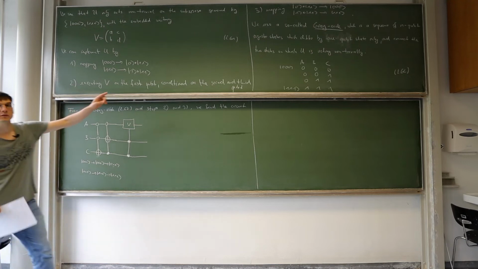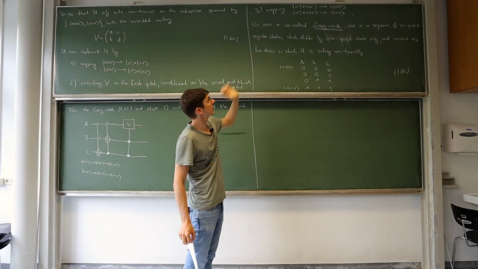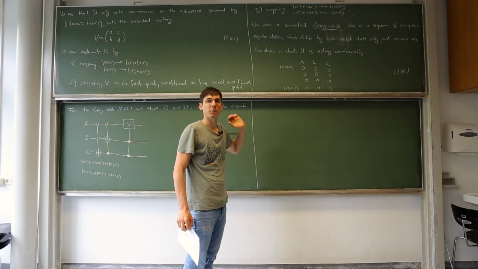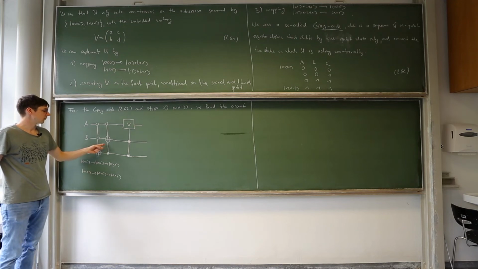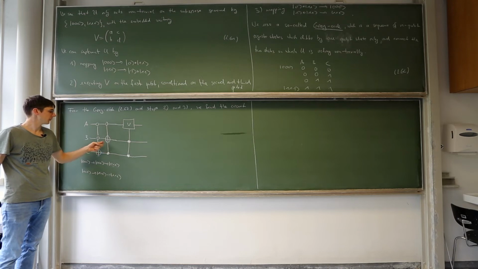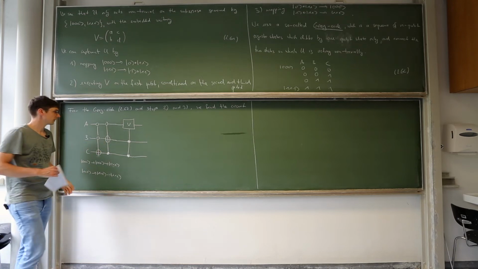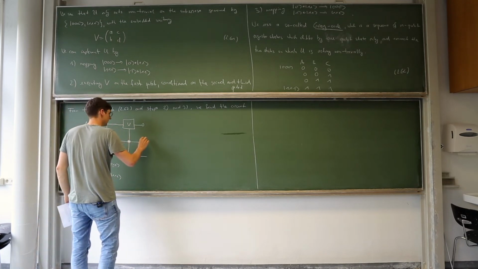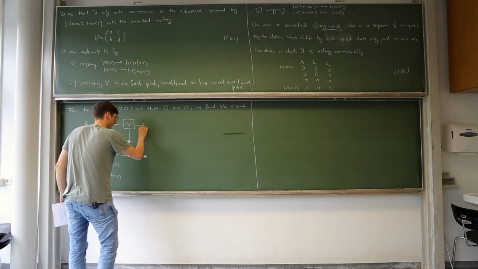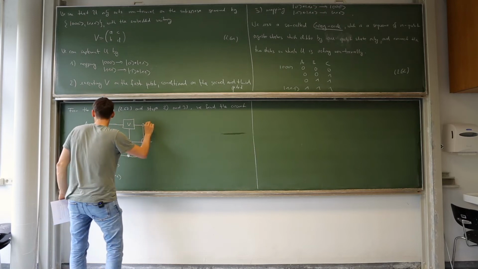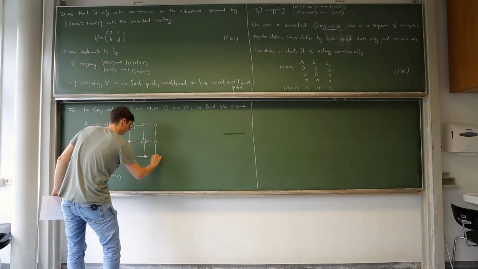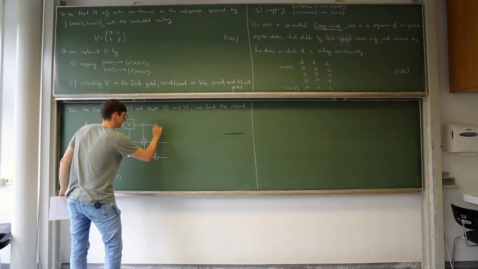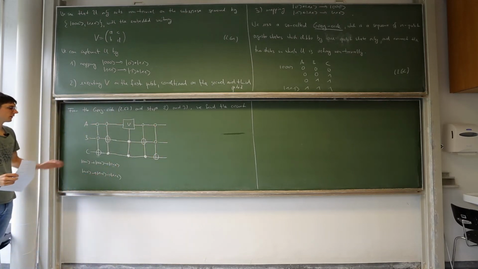Okay, and now we can go to the third step. The third step says, okay, we have to transform back. And this is very simply done by recognizing that these controlled NOT gates are self-inverse. Okay, so we simply do the same sequence, but now from right to left. Which gives us this. Well, this is all what we wanted.